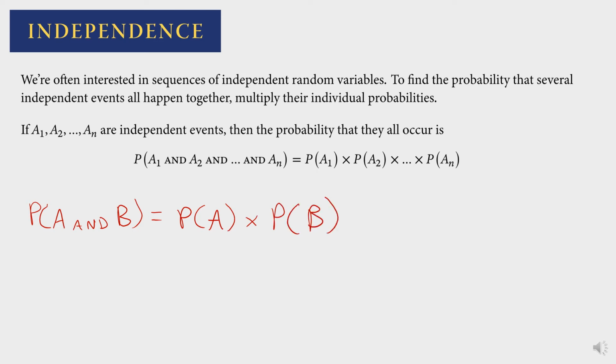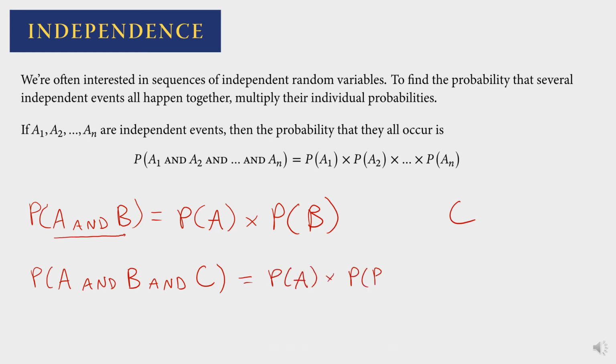If we bring in another variable C that's independent of both A and B, then it's also independent of the event A and B. And so we have P(A and B and C) equals P(A) times P(B) times P(C).